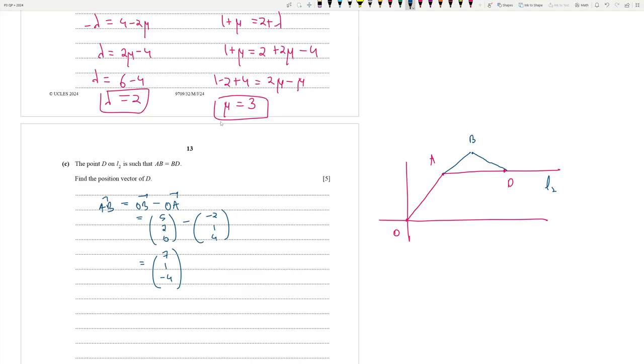Then this is 49 plus 1 plus 16. That's root 66.